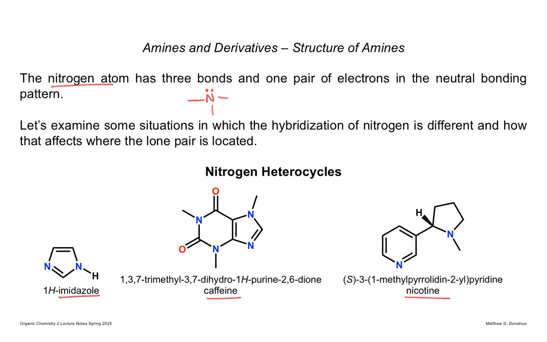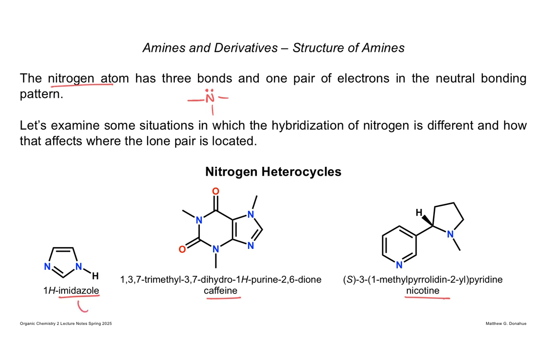So you can see the blue N indicates nitrogen, but the bonding patterns vary from each of these molecules due to the different functional groups. So within all of them, you can see that the nitrogen does show 3 bonds, but what about the lone pair? So imidazole is a 5-membered nitrogen heterocycle.